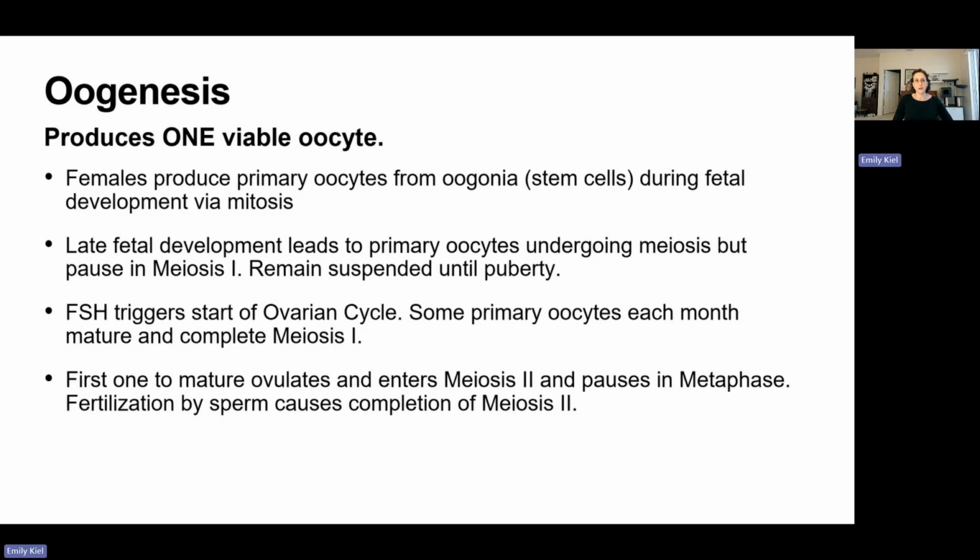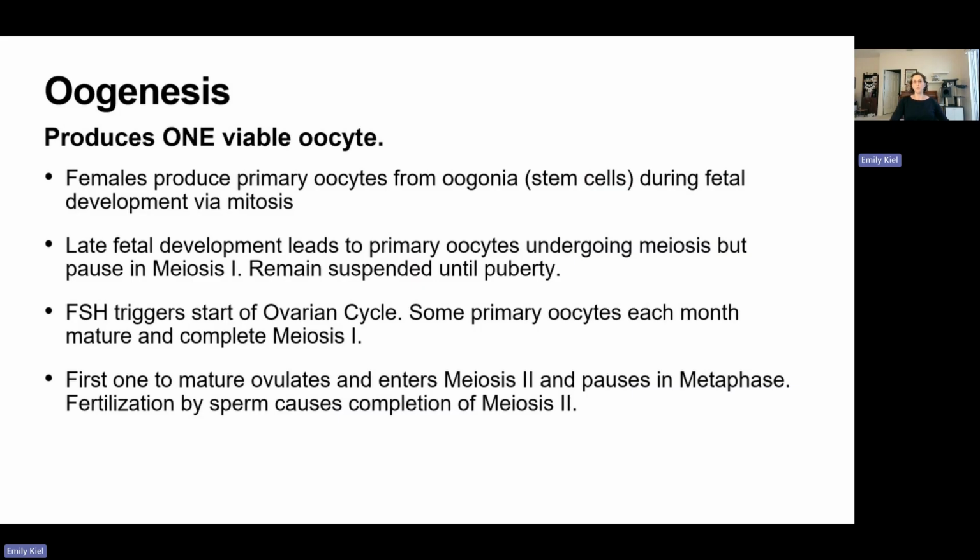So we've looked a little bit at the cycles. Let's look at how we produce an oocyte, and that is through oogenesis. So unlike males, females produce their primary oocytes from the stem cells, the oogonia, and this is during fetal development through mitosis.